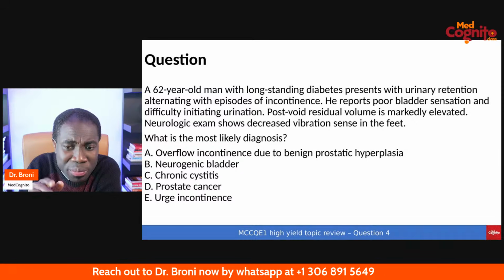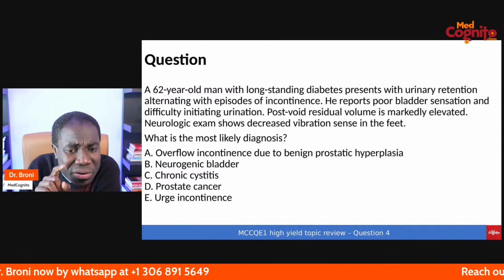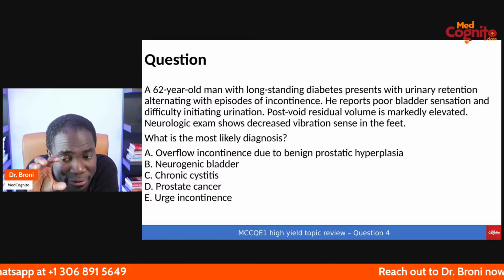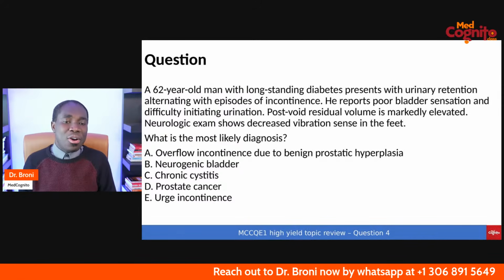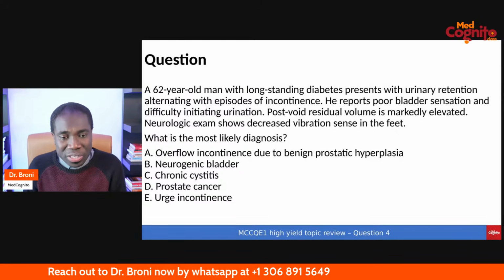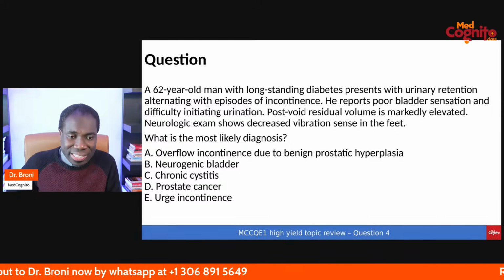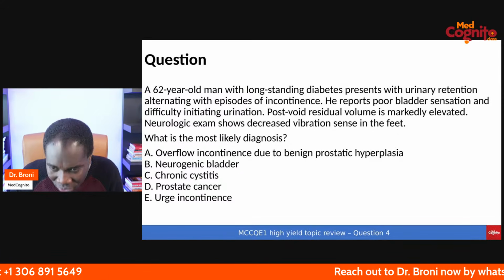Post-void residual volume is markedly elevated. Neurologic exam shows decreased vibration sense in the feet. What's the most likely diagnosis? A, overflow incontinence due to benign prostatic hyperplasia. B, neurogenic bladder. C, chronic cystitis. D, prostate cancer. And E, urge incontinence.